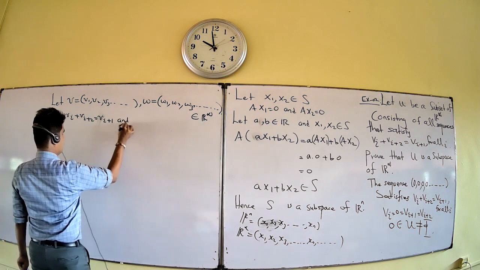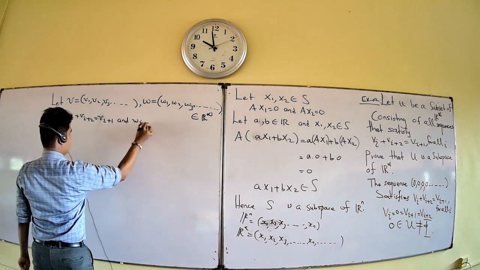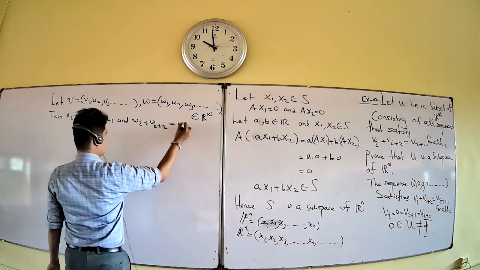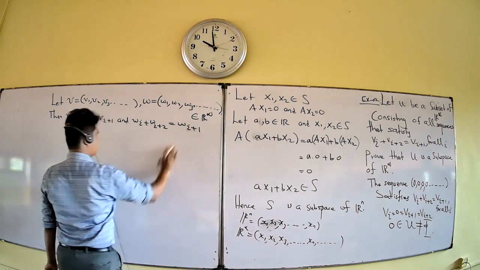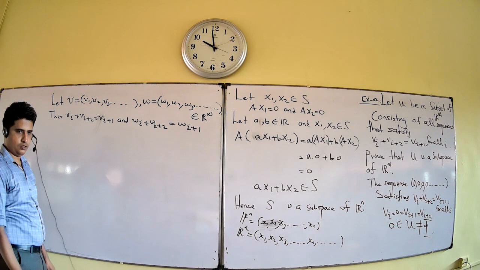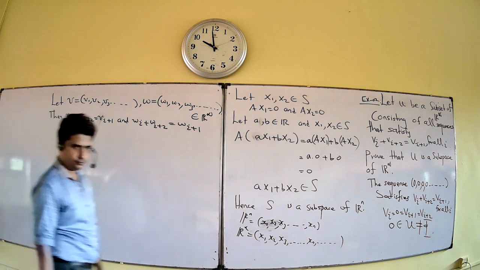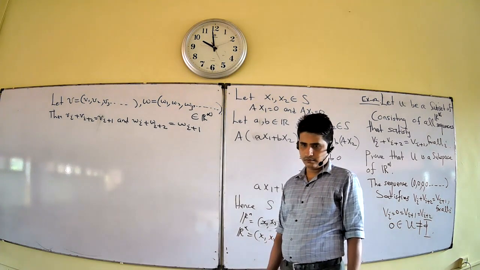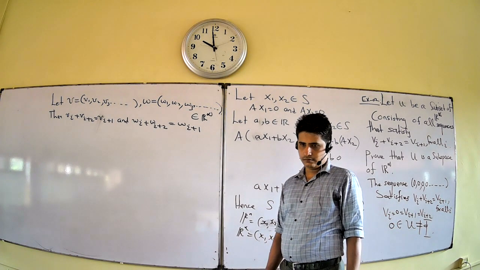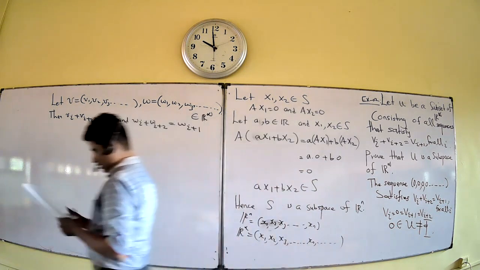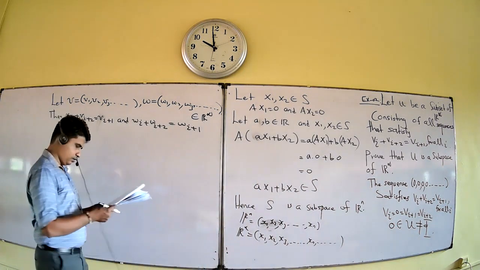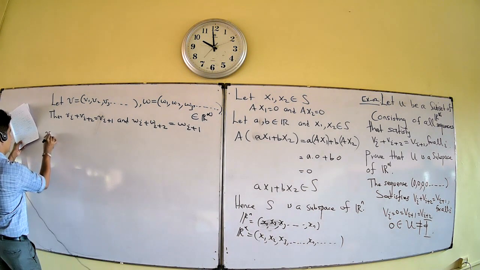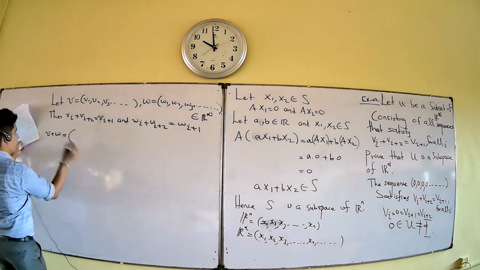And Wi plus 2 equals Wi plus 1. So you add these two, you have V plus W. What is the form of this sequence?